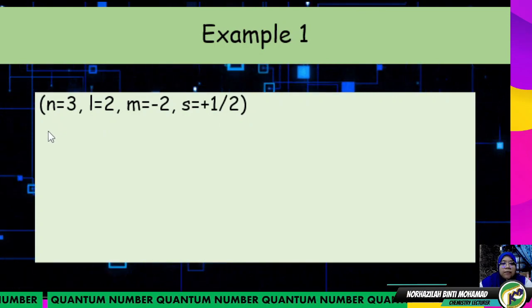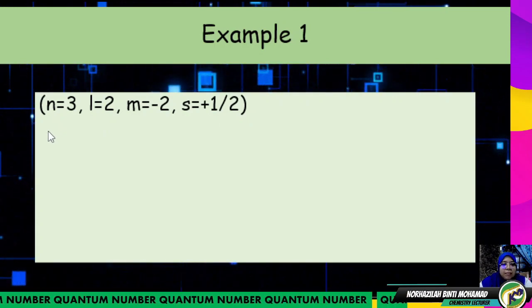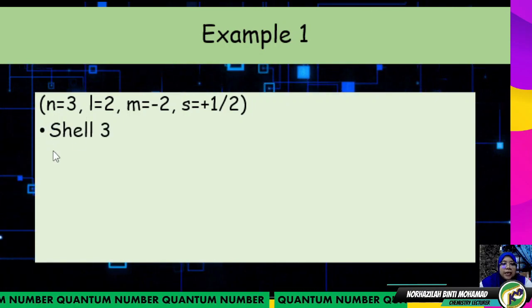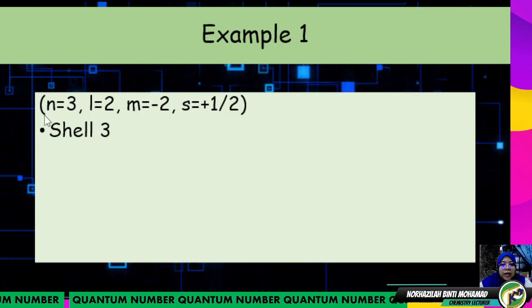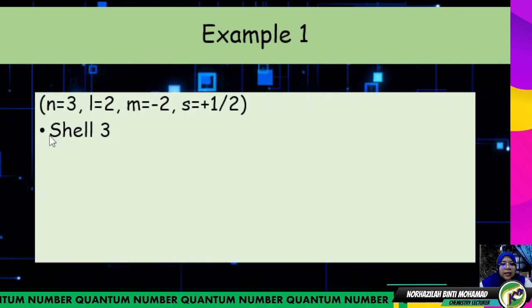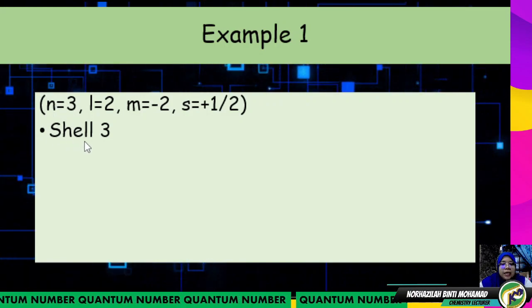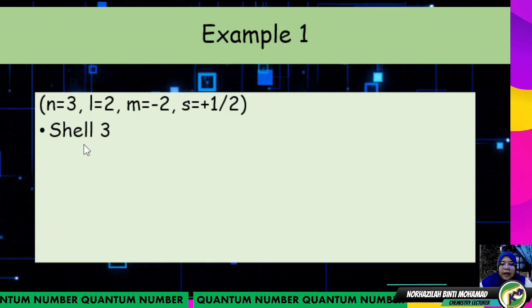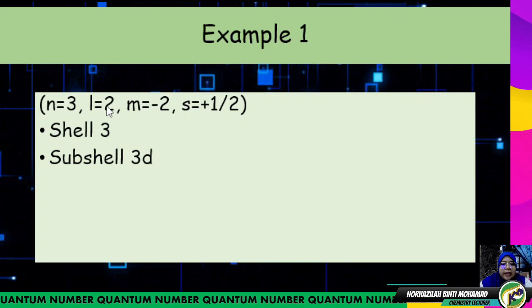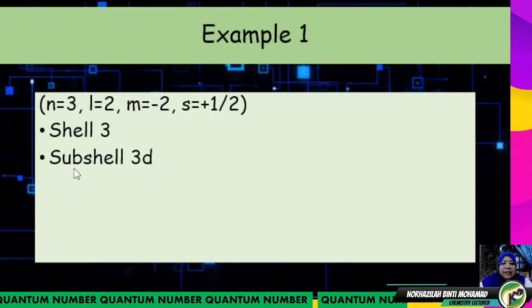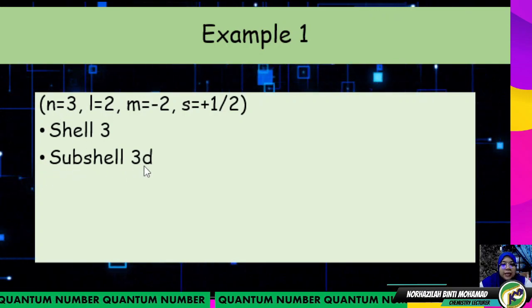From these quantum numbers, we can say that n equals 3 indicates that the electron is in shell 3. The value of L equals 2 indicates that the electron is in subshell 3d.